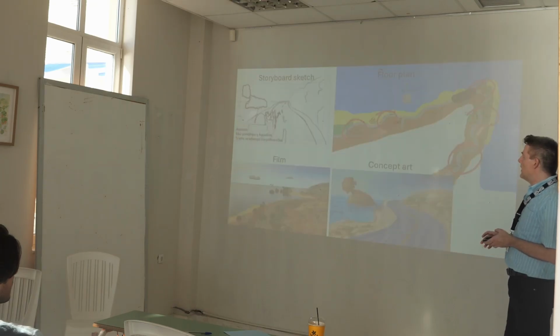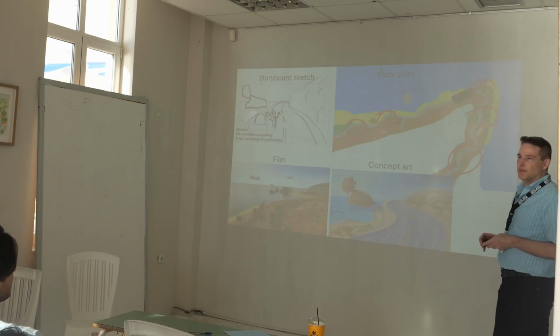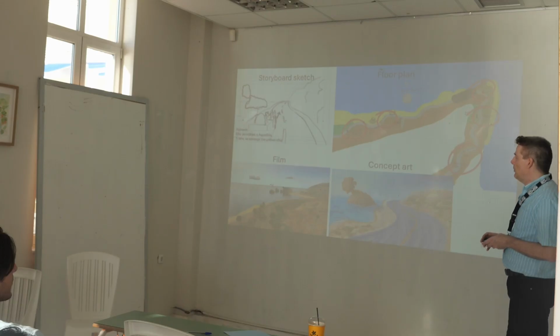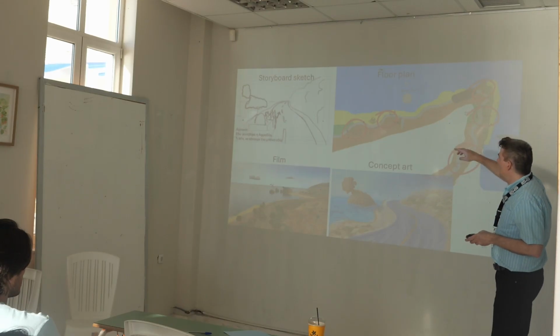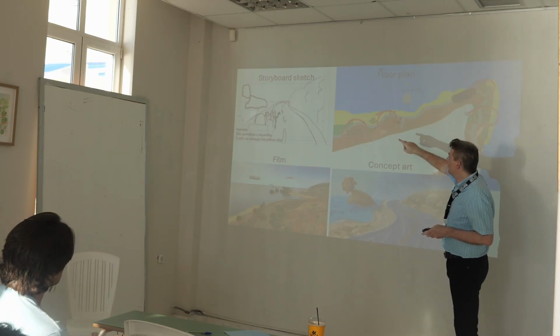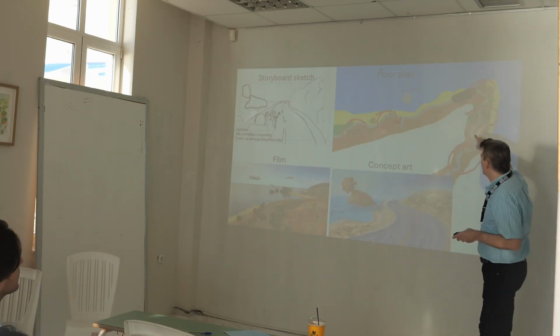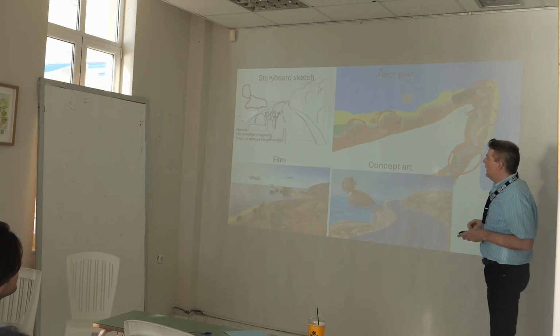So this is another stage. It's a scene of traveling. We have a bus, the characters are on a bus, they are traveling along a road, and the floor plan shows the different positions when we have different scenes.